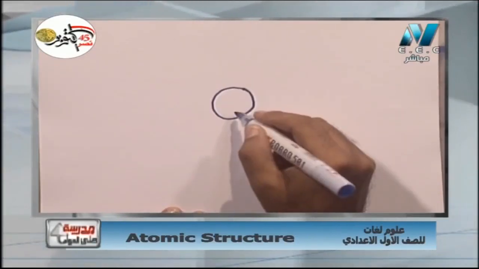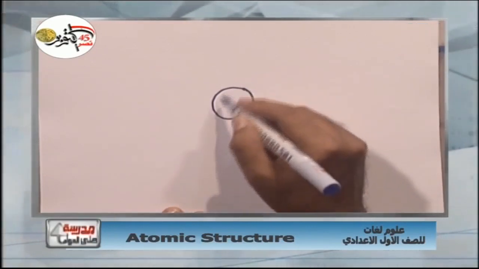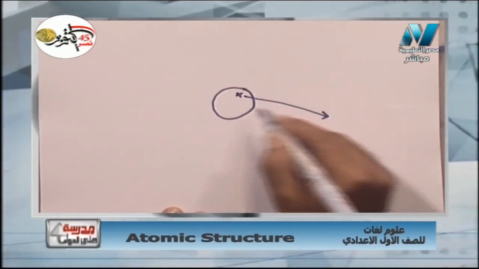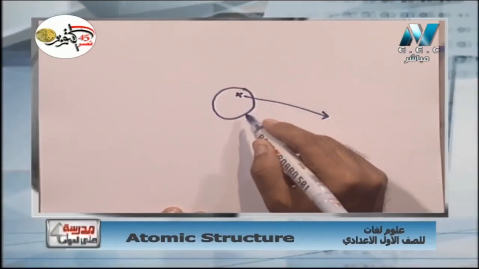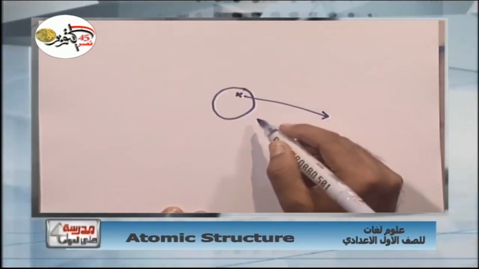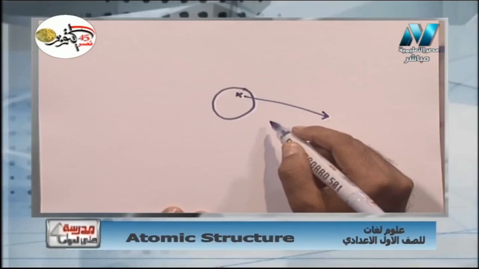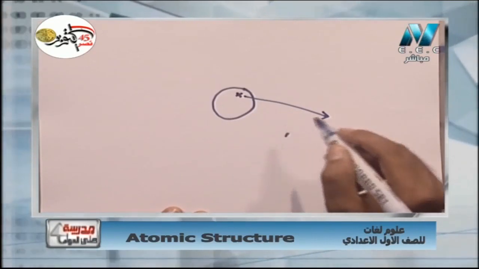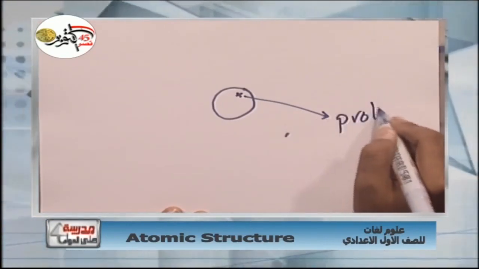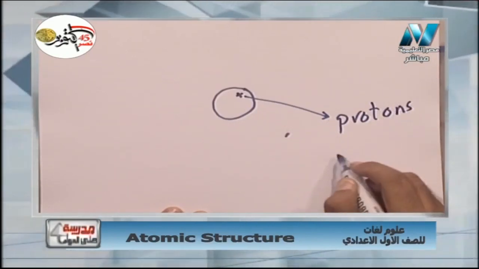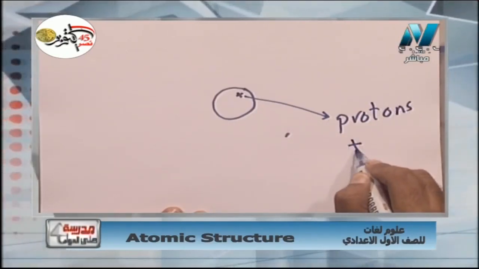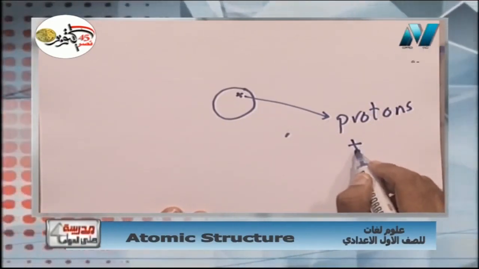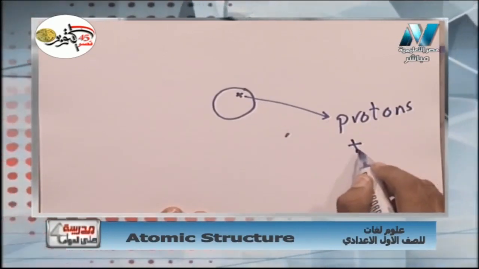It is the core inside the atom, and it includes very small positive particles, measured in angstrom unit. 1 angstrom equals 1 times 10 to the power negative 10 meter. They're called protons. A proton is a positively charged particle, symbolized by the plus symbol.